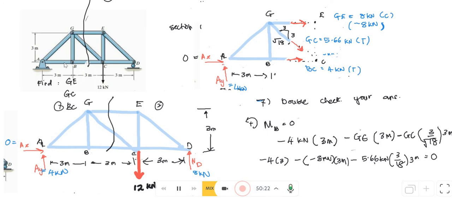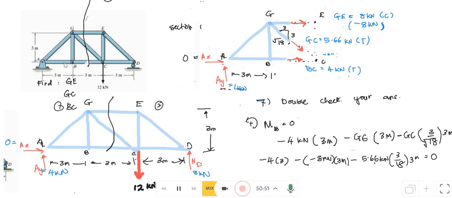We have GE tending to rotate clockwise, so I put negative first, times 3 meter. And then for GC, we don't have the Y component because it passes through point B, so it will not produce moment, so only the X component. So GC 3 over square root 18 times the distance 3 meter.